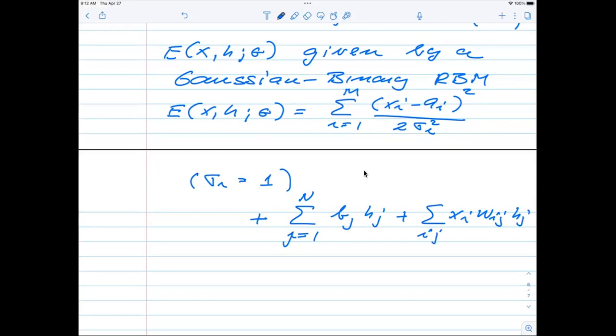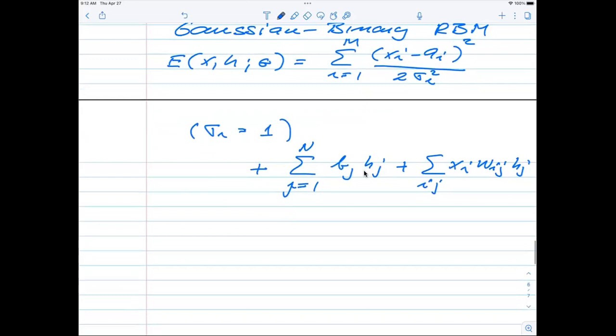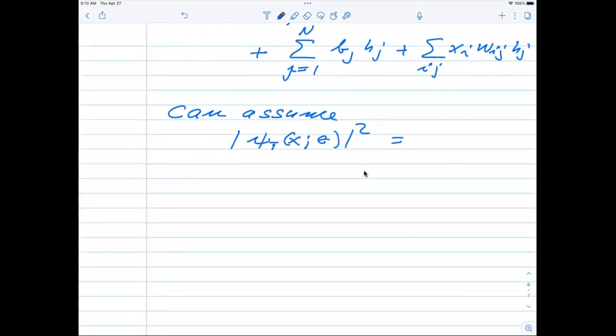Now, there are some considerations. One of the considerations, which is going to make life a little bit easier for us, if we look at this Gaussian binary function, is that this is actually a positive definite function. So we can assume the following. We can assume now that our trial wave function psi_T, which depends on x and the parameters theta, is going to be given by the square root of the Boltzmann distribution.